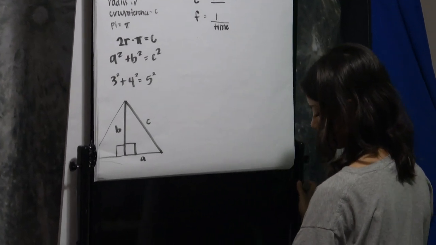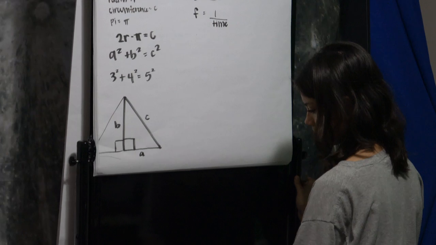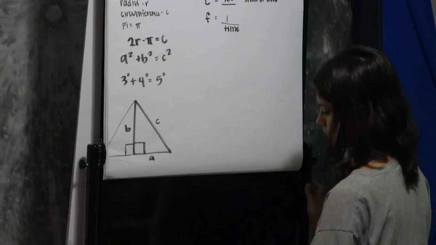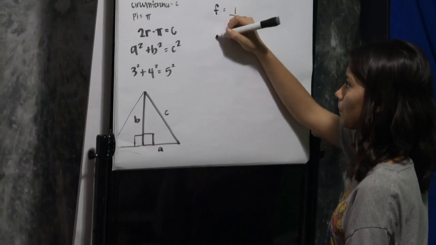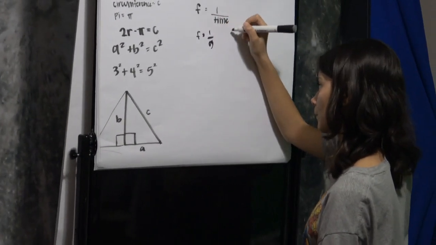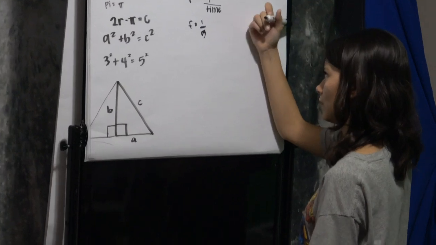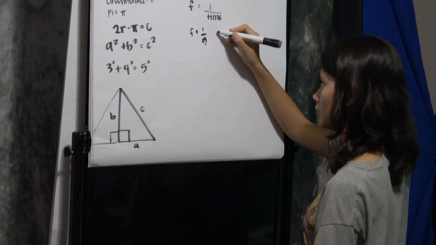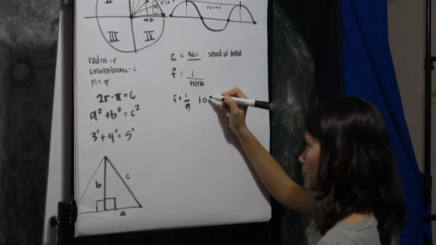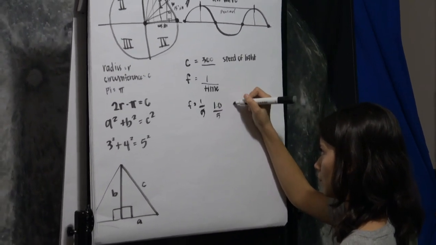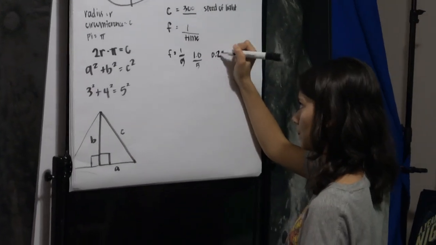So let's say it's 5 seconds. So put frequency is 1/5 equals what? 1/5. Put 1.0. 5 into 10 goes 2. So the frequency is going to be 2.0.